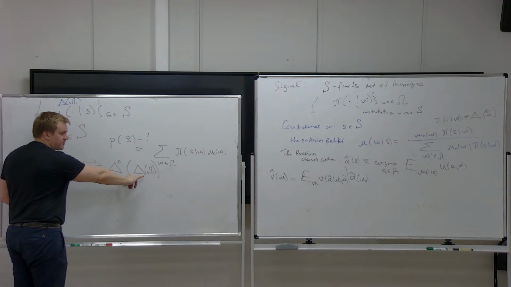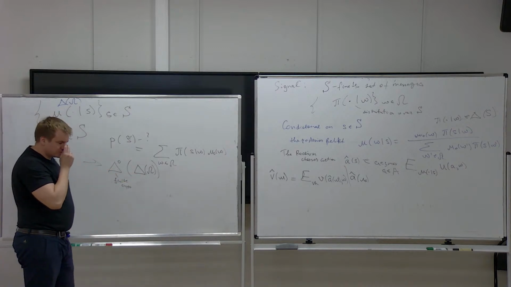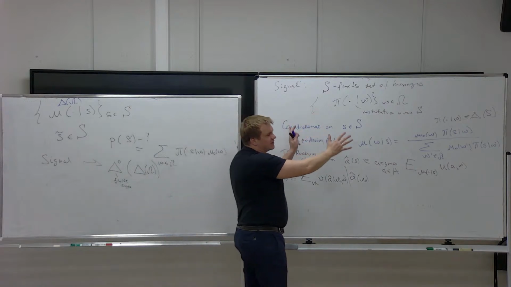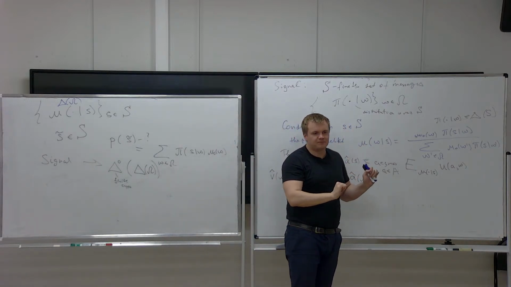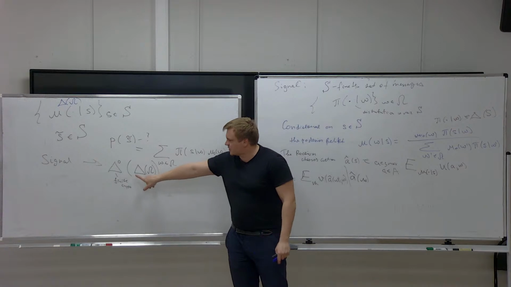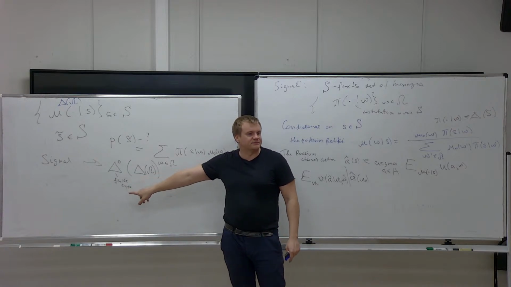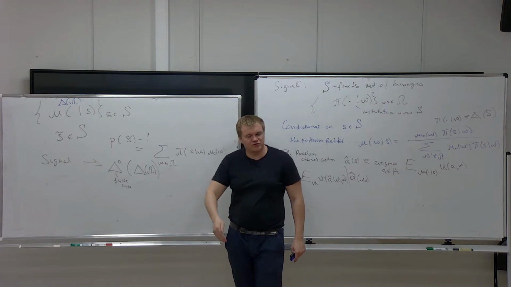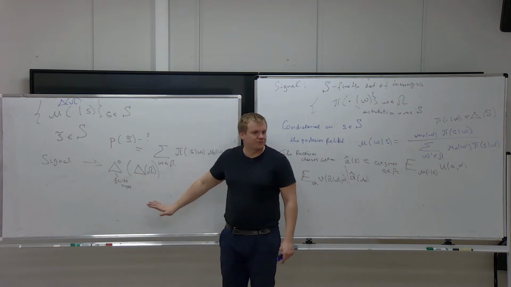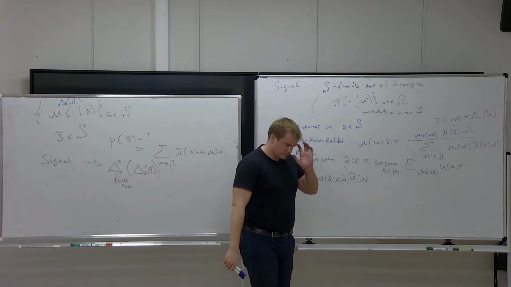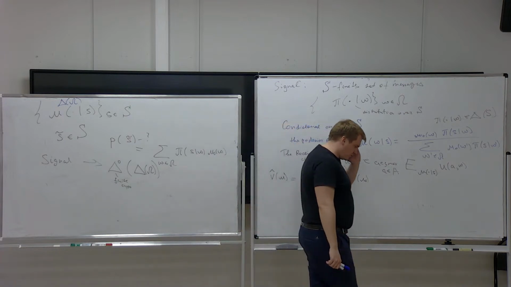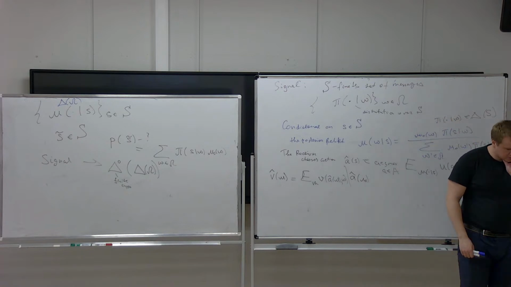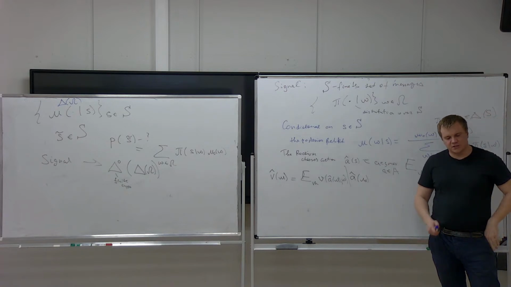So I can think about very complicated signals, but eventually I'm just interested in these elements: finite support distributions on posterior beliefs. So, here is a question.